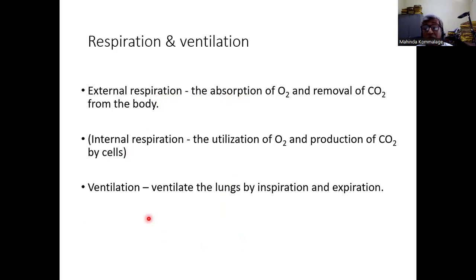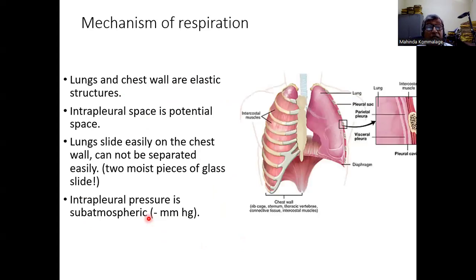The physiology part is short and anatomy will continue. When we say mechanics, the arrangement of the lung is important. We know these are the lungs, two lungs. They are inside the chest, covered with the chest wall.